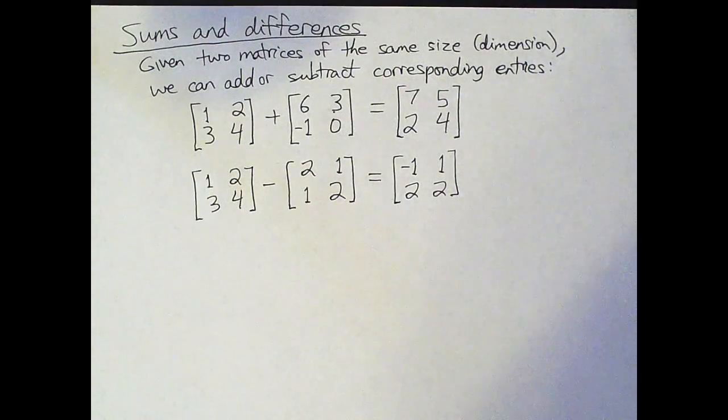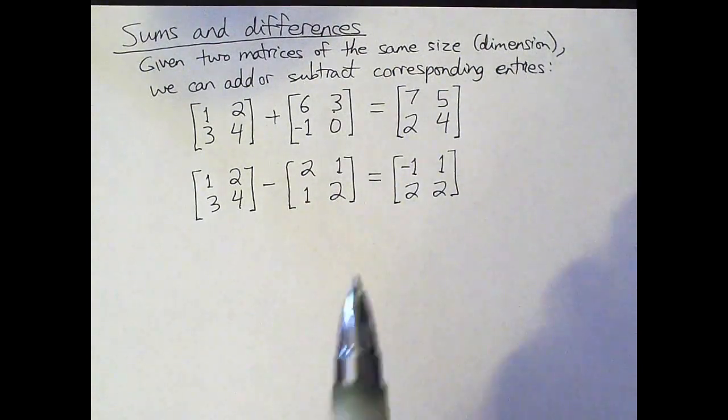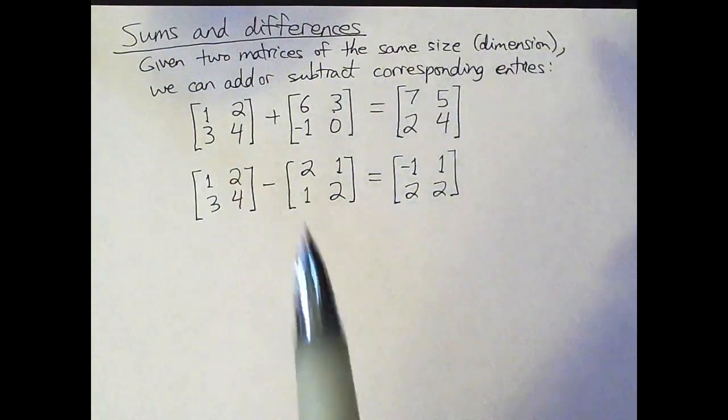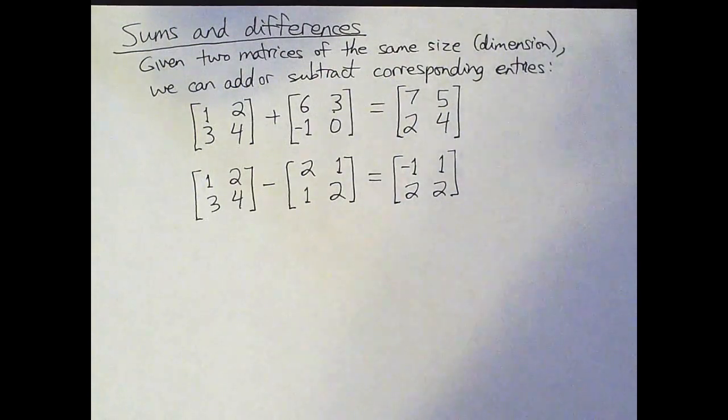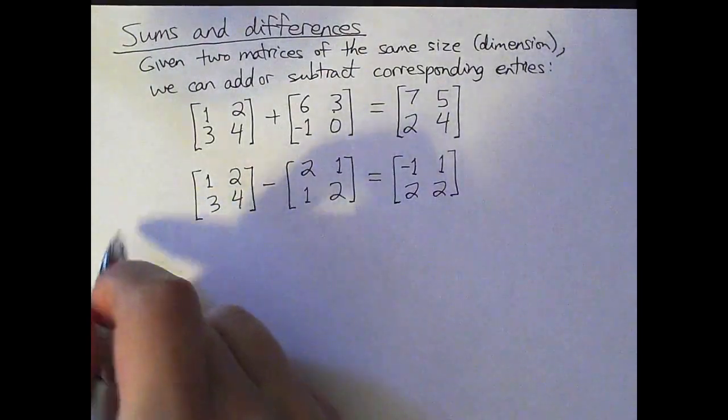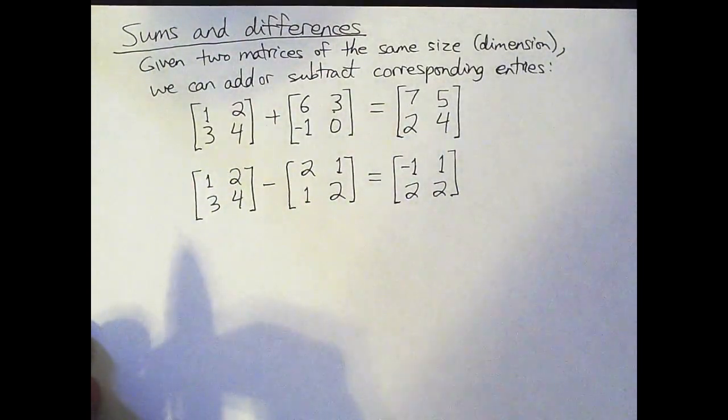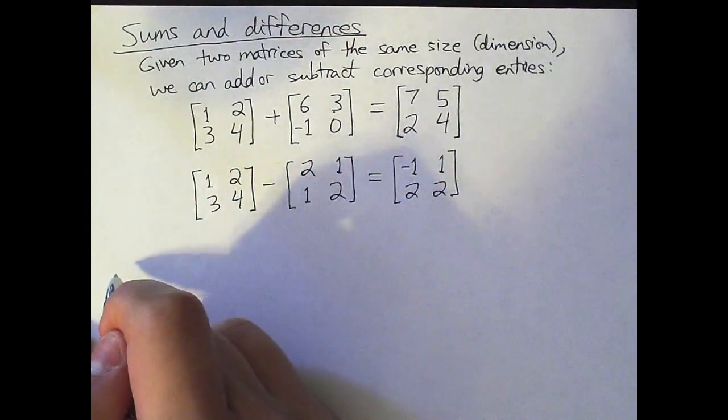And you probably won't be asked to. But if you ever were, you can't take a 2 by 2 matrix and add a 3 by 3 matrix to it. It's just undefined. So that's what I wanted to say about sums and differences.